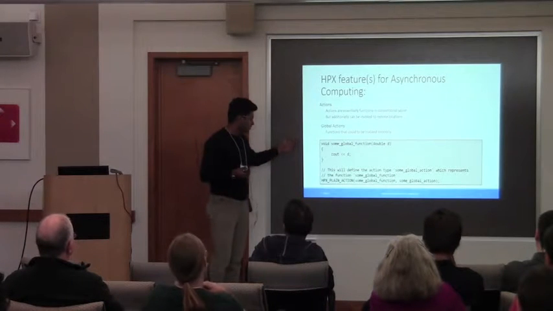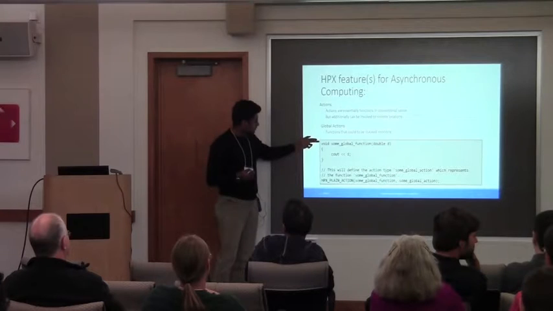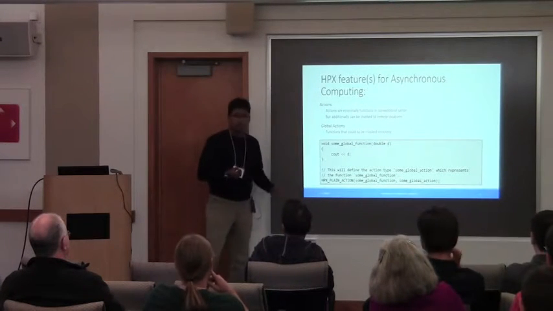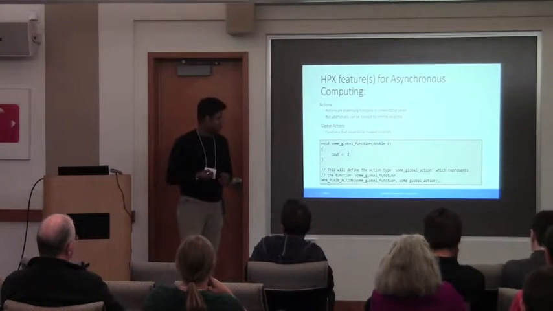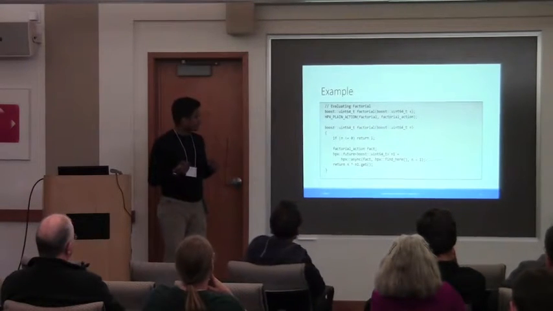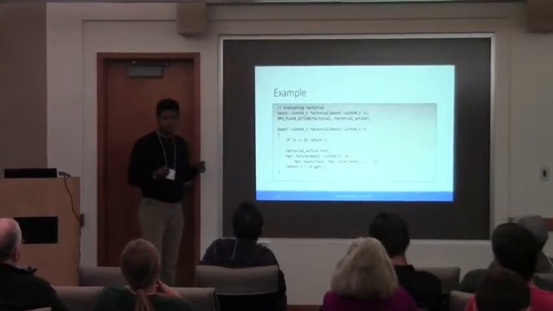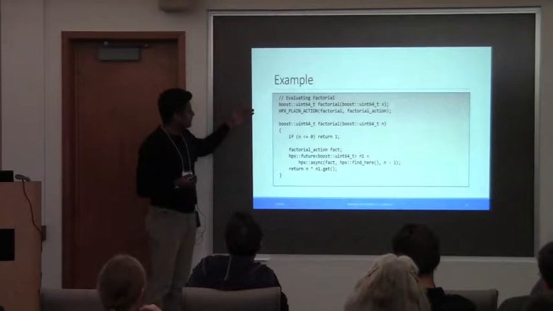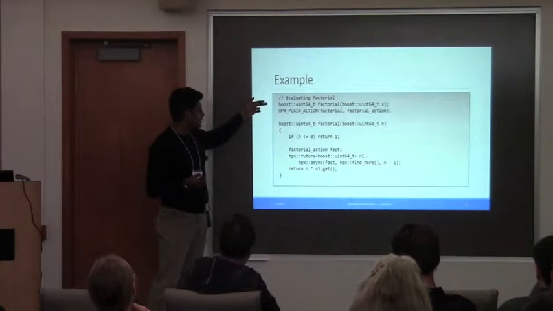Here is a simple example of how a global action would look like. So I define a global function, and then I define that global function as a global action object in HPX. Now this example shows how we use the HPX action in a simple example of evaluating factorial. Here again, I declare the function.